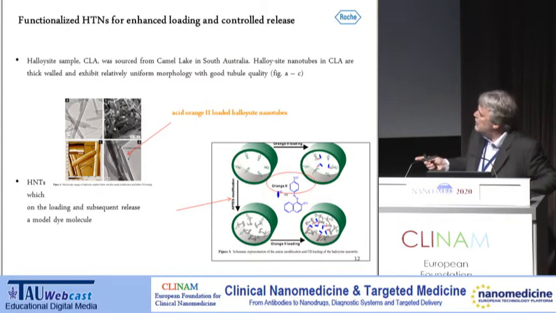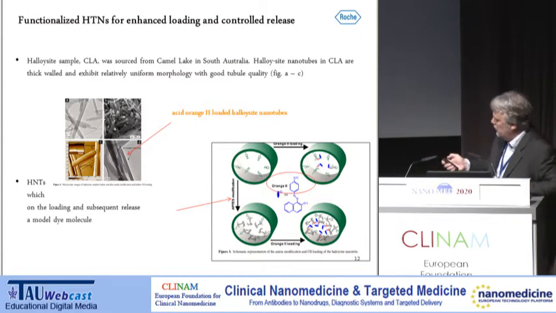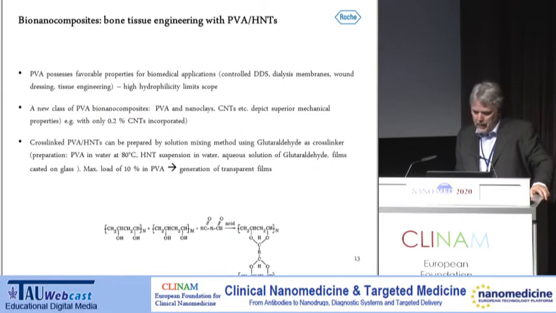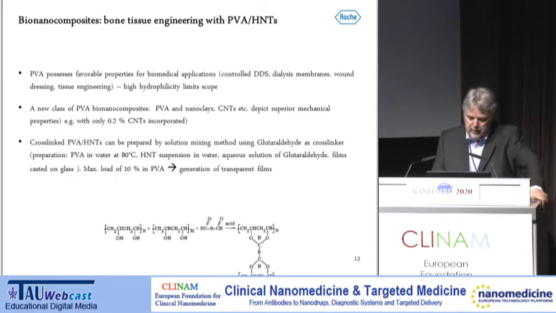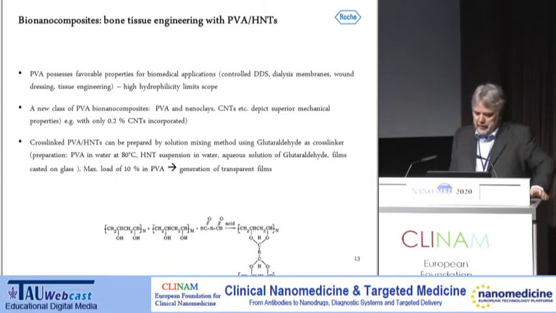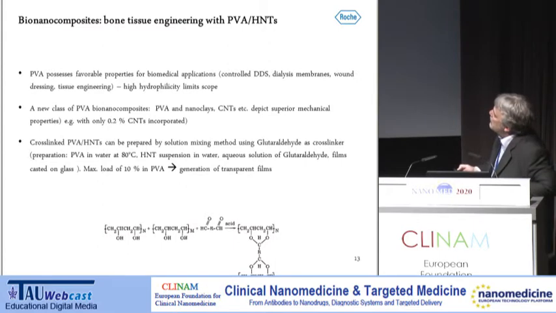This is just a cartoon showing that you can, of course, chemically derivatize the hydroxyl functions. There are papers dealing extensively with this. And last but not least, very interesting, the nanotubes can play a role in bone tissue engineering. There are papers published where this was combined with PVA and some cross-linking.